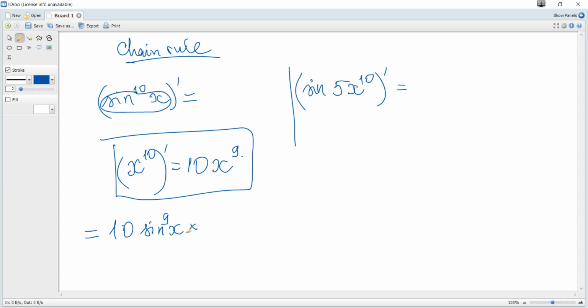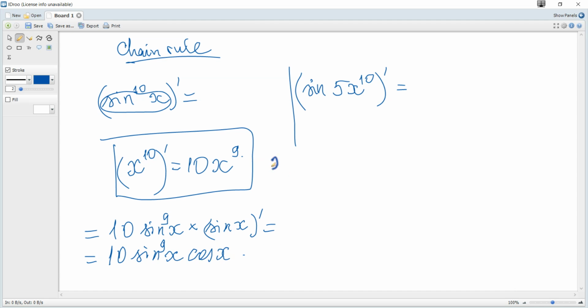And according to the chain rule, we should multiply by the derivative of this expression which is used instead of x, sine x. And how to find this derivative is another problem, and it's just from the data booklet. Sine x derivative is cosine, so finally it becomes 10 sine to the power of 9 x cosine x.